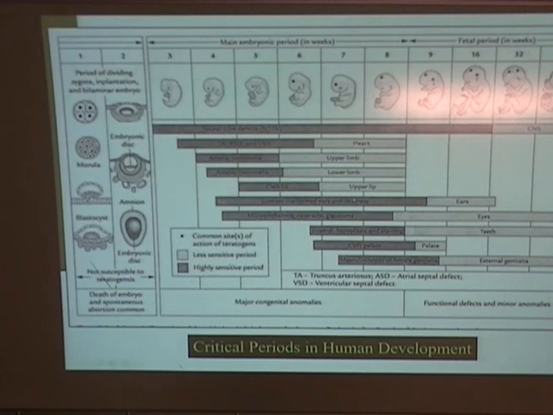This one is interesting. Here are the ears, okay? So from the middle of week 4 until the middle of week 9, we've got a particularly sensitive period in time where if the mum catches German measles, for example, it's highly likely the baby could be born deaf, or at least poor of hearing, okay?